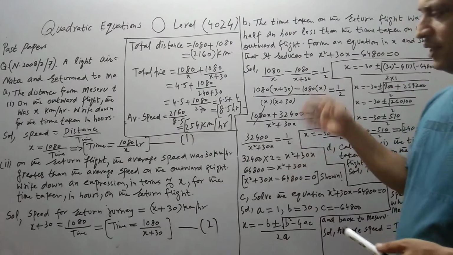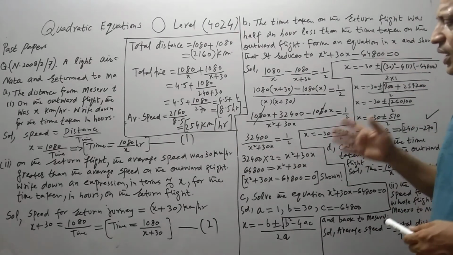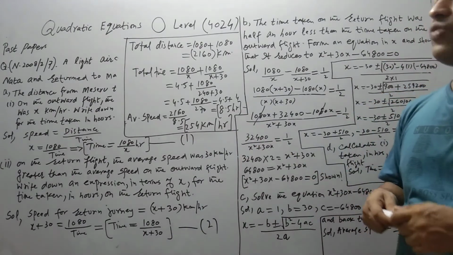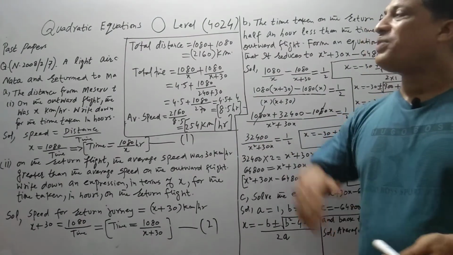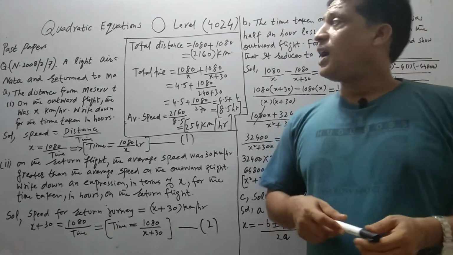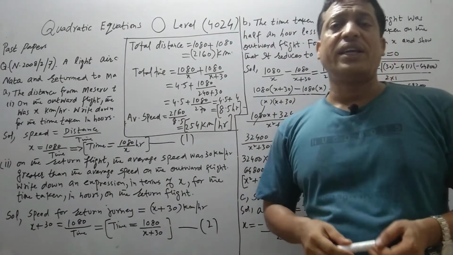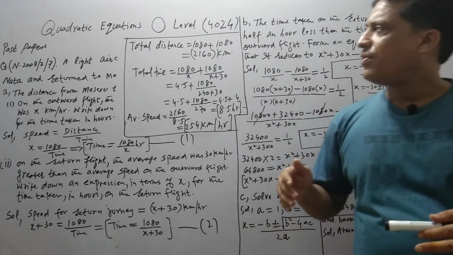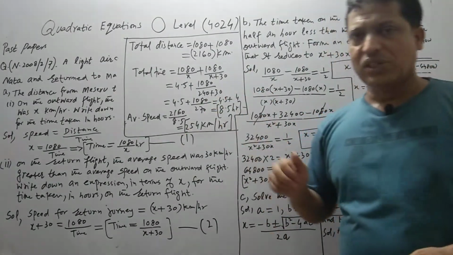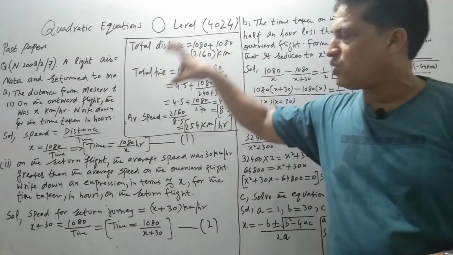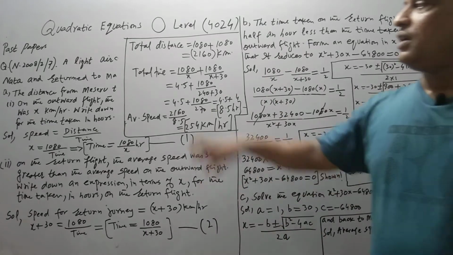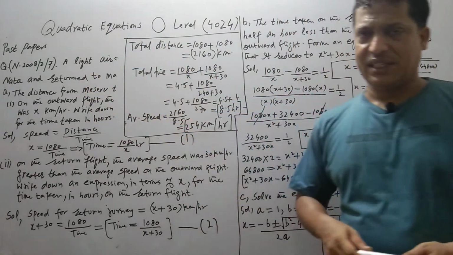I hope you understand. So student, this is our today's class. We have done one more question from different type. In last lecture we did a question of quadratic equations involving currency exchange. This question is also related to quadratic equation, but it involves the speed, time and distance.